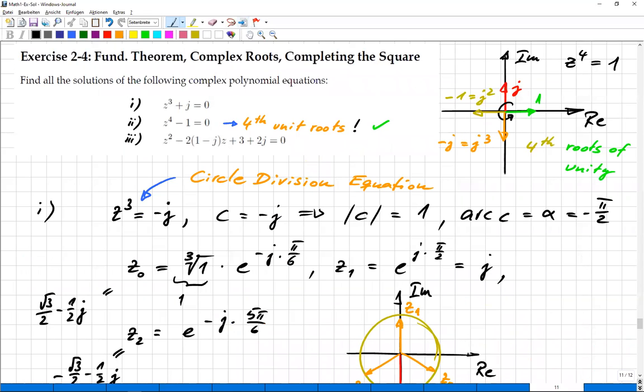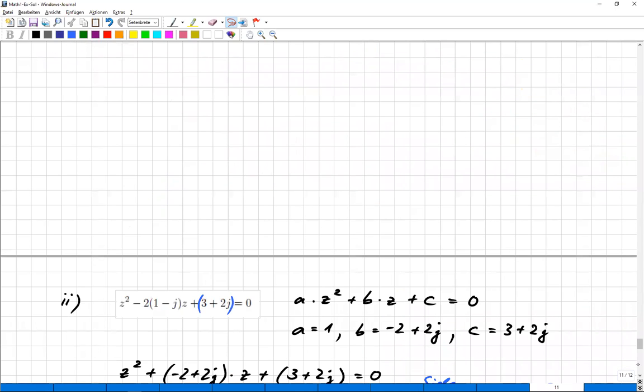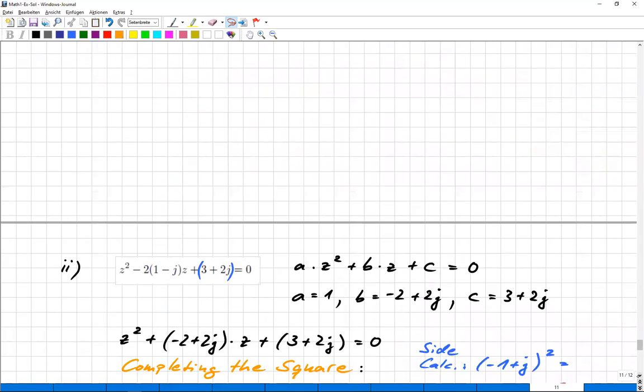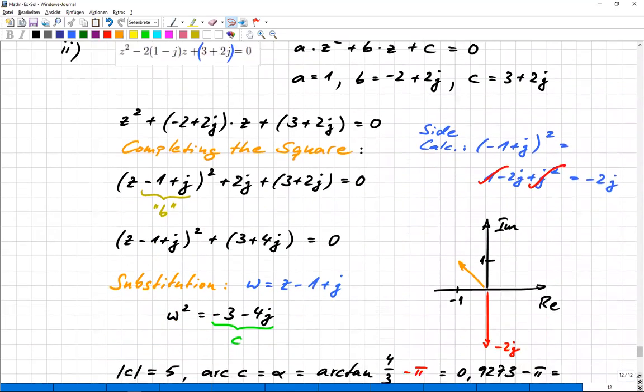The first one is something nice for you because you just take c to the power of 3 equals -j, and then you try to take the third root by using the circle division method. And then here, that's no question, the hardest of all. But I have a solution inside here which is very detailed, and I even present a graphical solution.